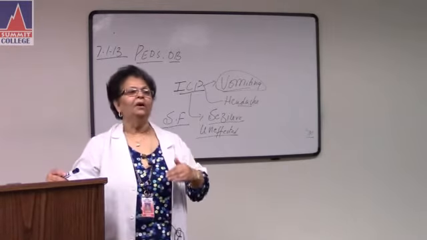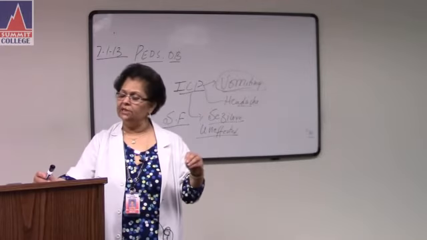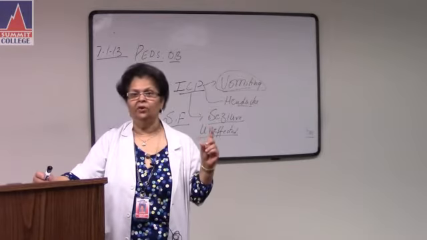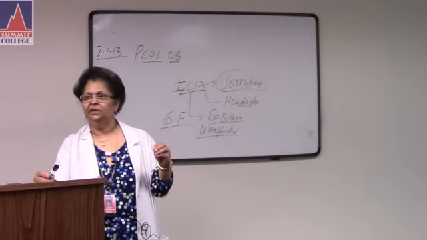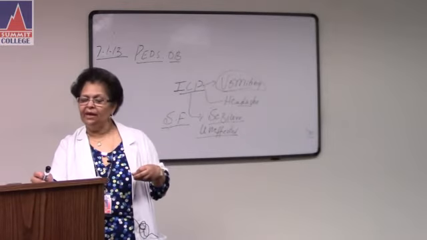So what is the position here? Back and unaffected side. But if the ICP goes up, any patient, whether in med-surg or in peds, then what position are we doing here? Elevating them to semi-Fowler's position.